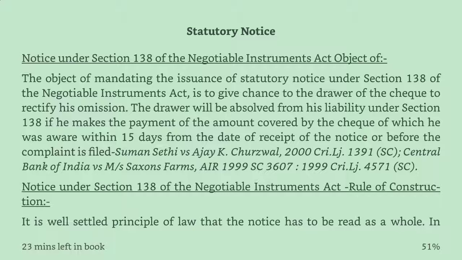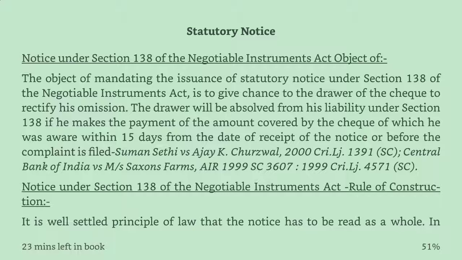Now, simply because a notice has been replied to disputing the facts, or if a promise with regards to payment of the check amount is made within a period of 15 days but the same is not paid, then in that case also prosecution commences. So it is not that if the notice is replied to and more time is sought to make payment, and if that time is beyond the period of 15 days, then that can also be counted within the period of limitation. That is not the case.